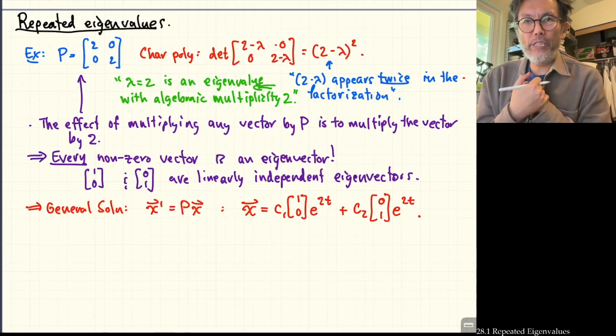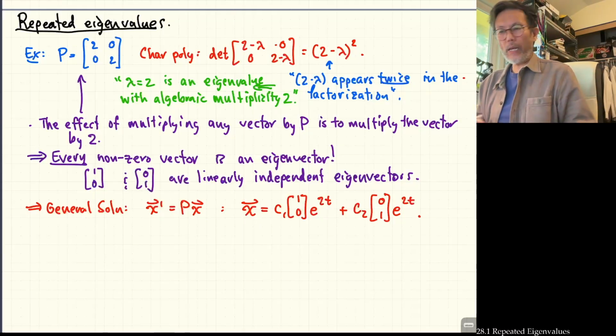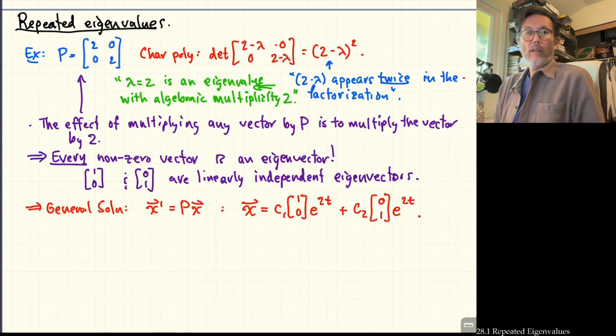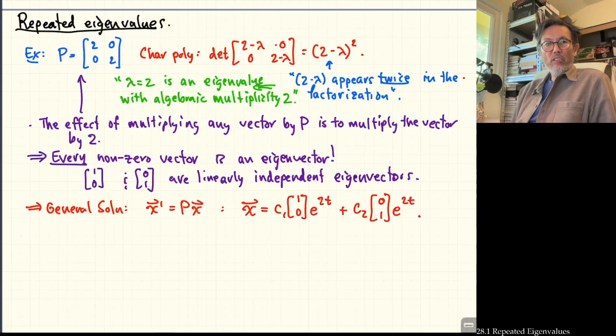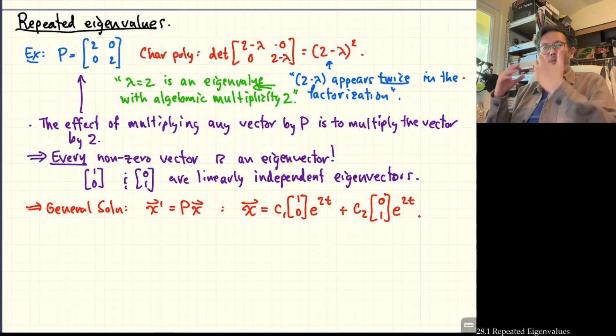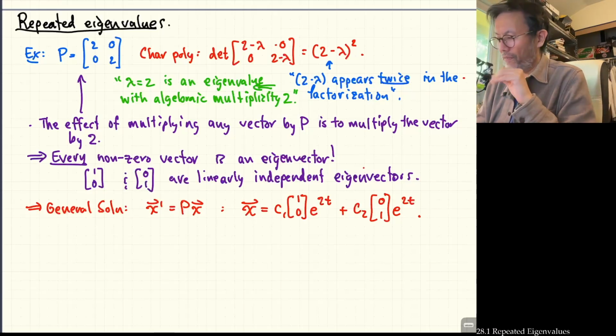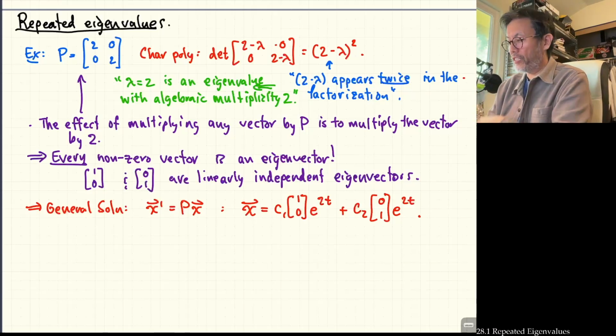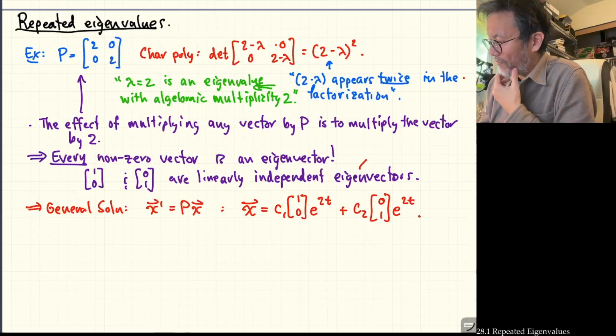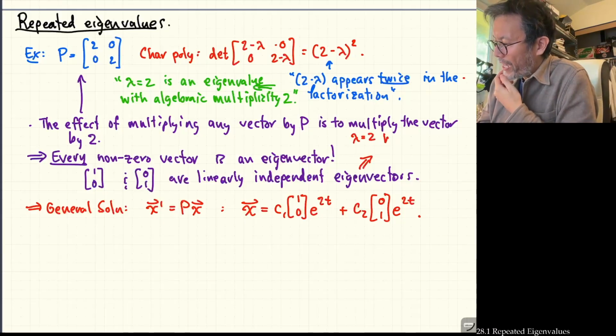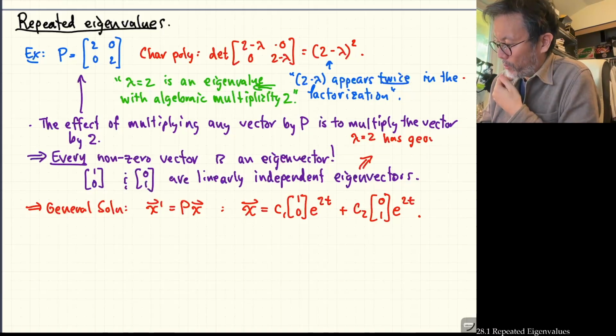We have a pair of linearly independent eigenvectors. So that's the kind of easy situation. And because we have these two linearly independent eigenvectors, I'm just going to give you the jargon, and you might not feel comfortable with it, but we say that lambda equal to 2 has geometric multiplicity 2.